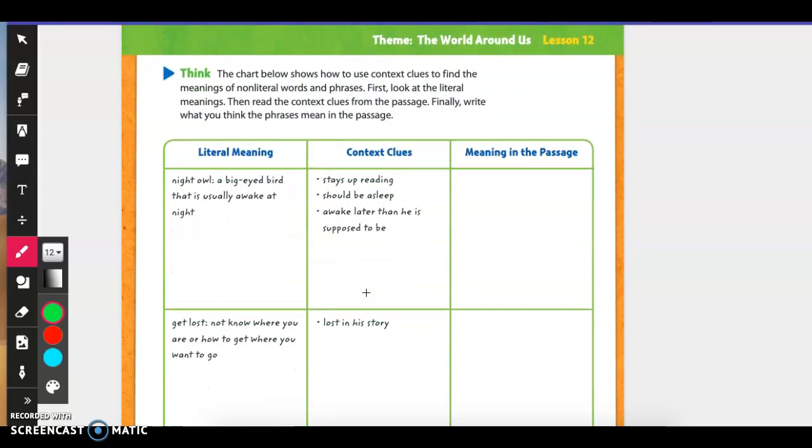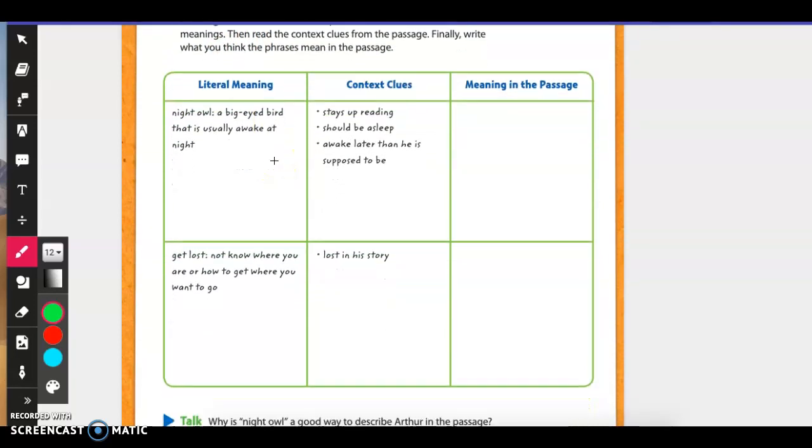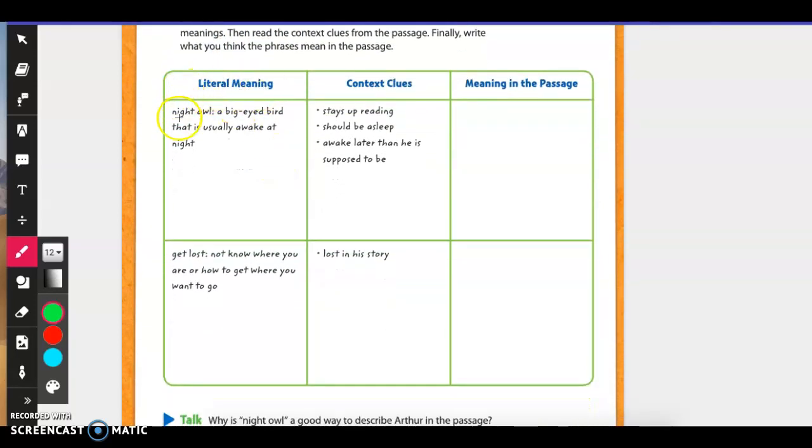If you turn your page, you'll see a think graphic organizer or a chart that breaks down the literal meaning, the context clues, and then potentially what the word means. Not the literal meaning, but the non-literal meaning in the passage. So the chart goes ahead and gives us information like a literal meaning of a night owl is a big-eyed bird that is usually awake at night.